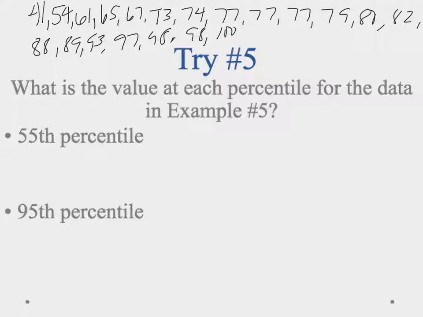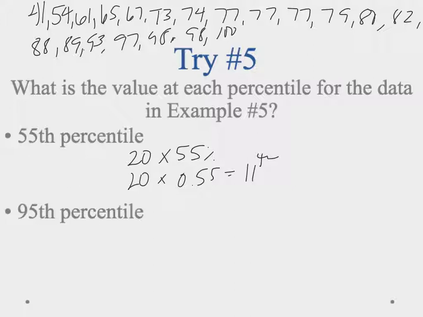So again, to find the 55th percentile, you will take those 20 values, so 20 times 55%, which is the same thing as multiplying 20 times 0.55. That will give us 11. So the 11th value will be the 55th percentile.